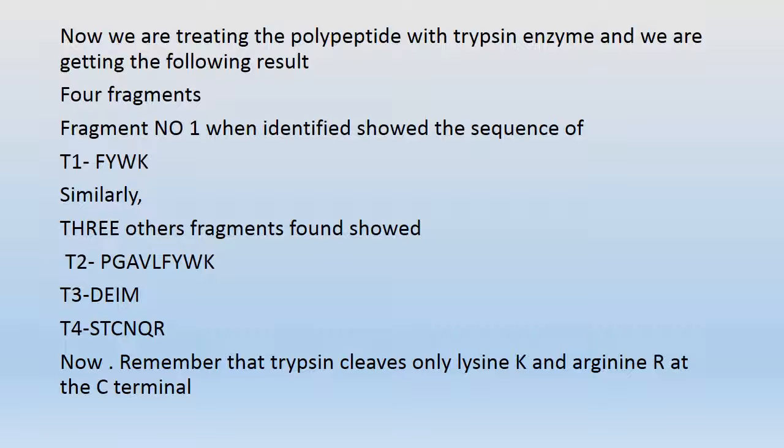The fragments that you will get will be leucine, isoleucine, valine, and also phenylalanine, tyrosine, tryptophan and lysine, because the trypsin has cleaved it after the C-terminal residue of the amino acid.